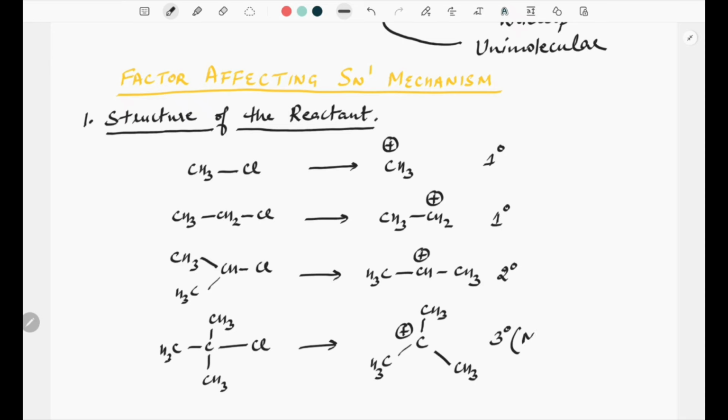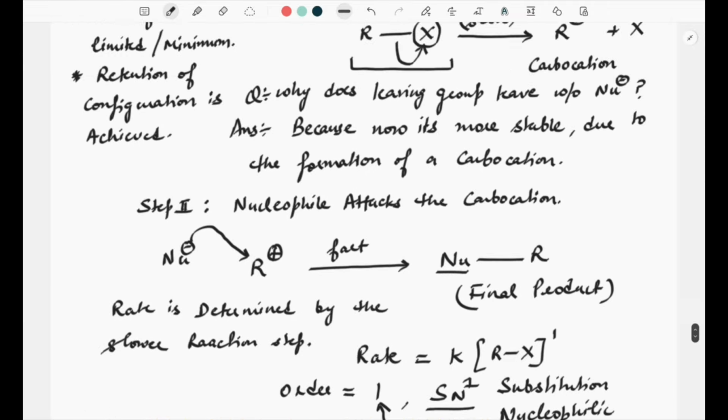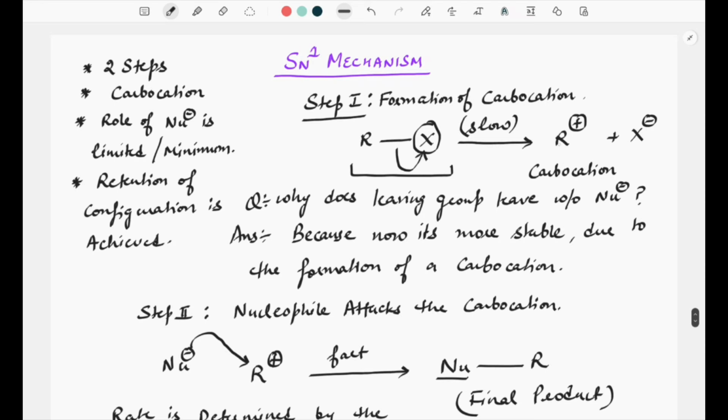Now this is primary, this is also primary, this is secondary, this is tertiary, and we know that tertiary are the most stable, and methyl and primary are the least stable carbocations. Now why are we studying this? Because in case of SN1, the first step is the formation of carbocation.